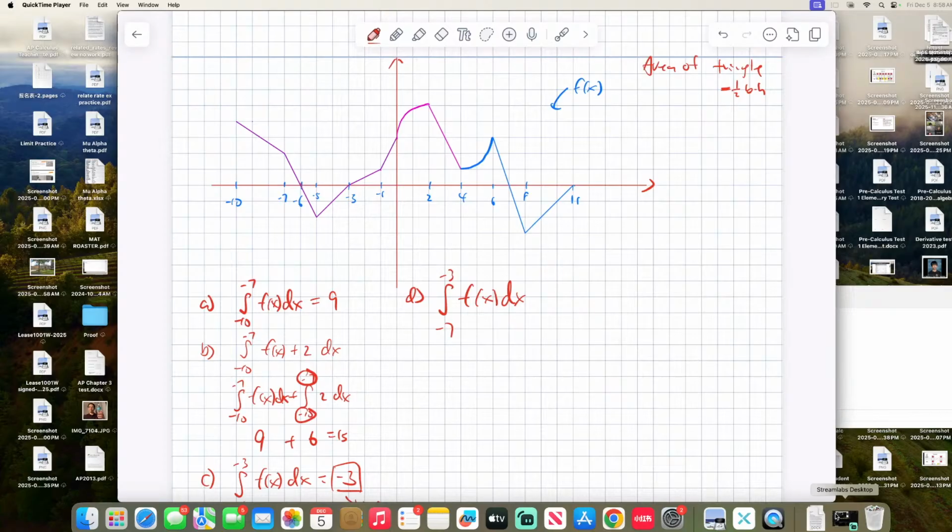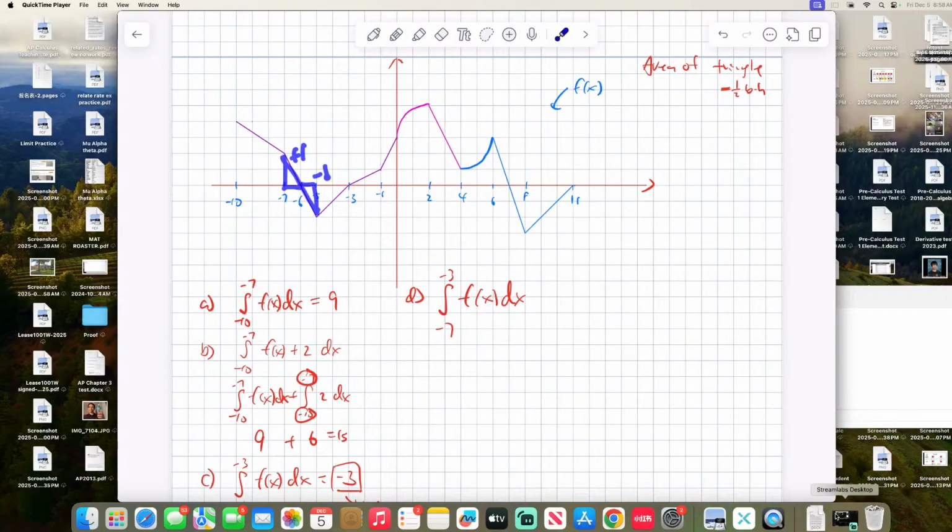All right, so what did you guys get? -2? Yes. So it's a -2 because this part and this part offset each other, right? This is a +1, this is -1, so they go to 0.